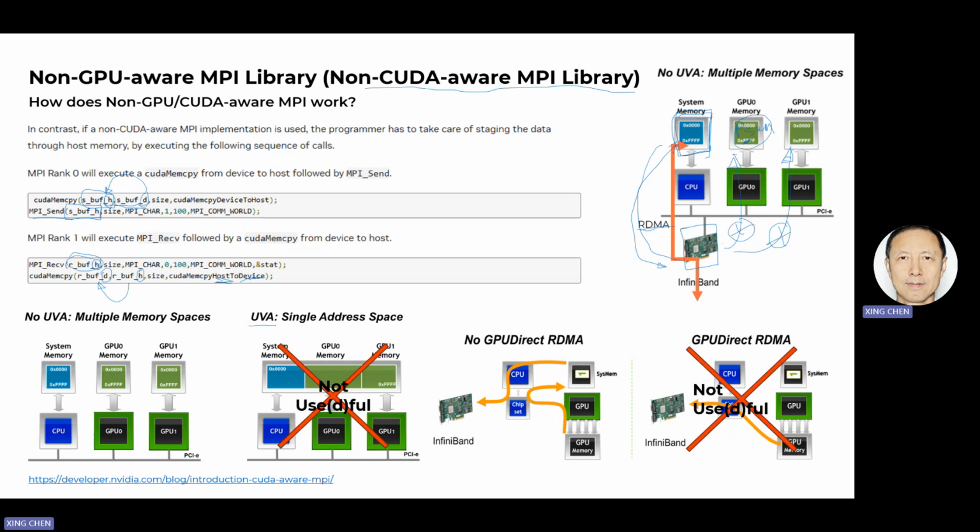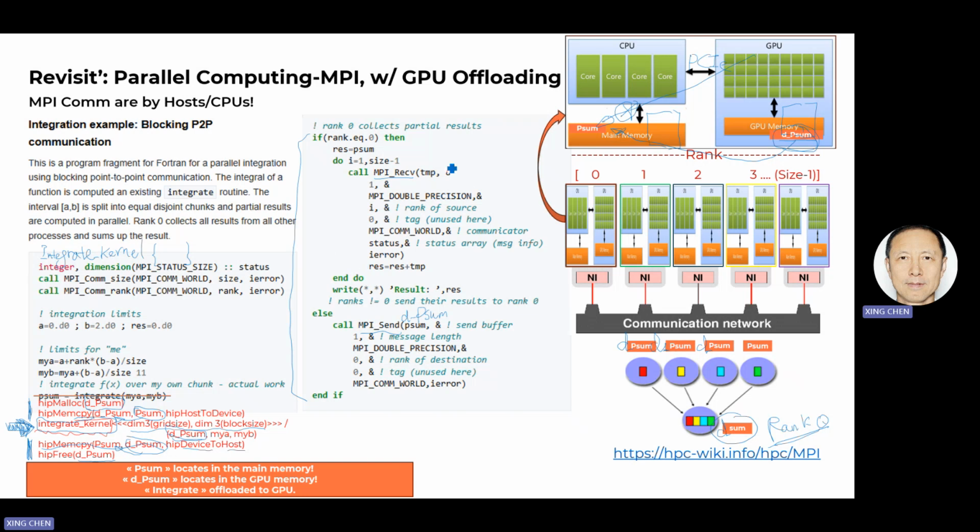So the answer is no. For the MPI communication to happen with the traditional MPI library, which is not GPU aware, or not CUDA aware, to make your code work, you have to copy the data from the GPU memory back to the CPU memory, even though you have to pay the data transfer overhead by going through the low-speed PCIe link.